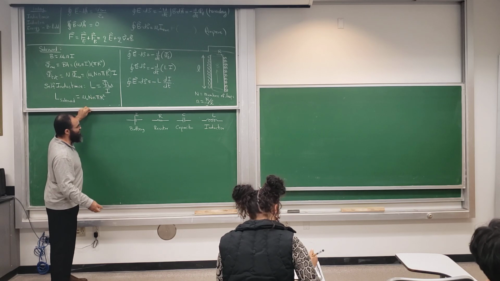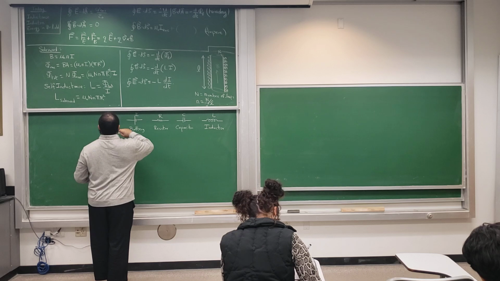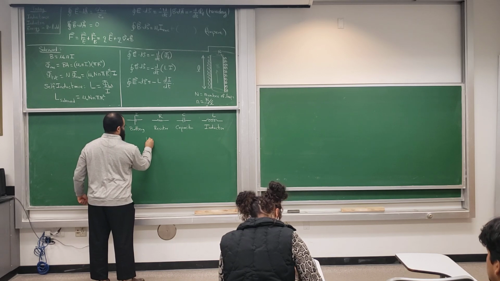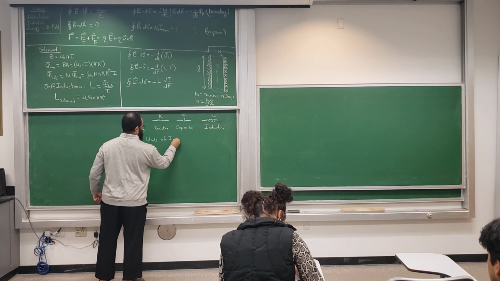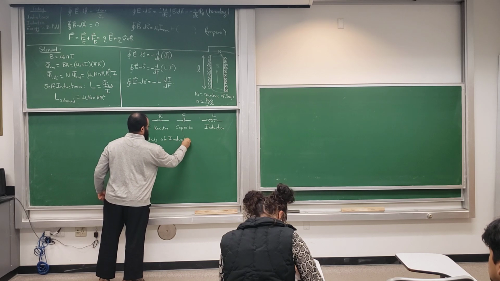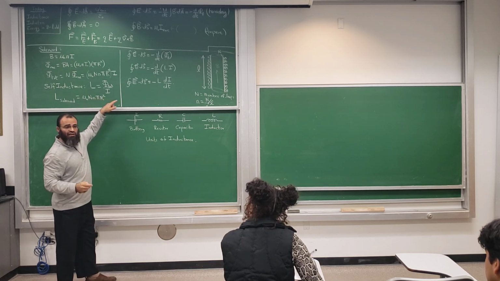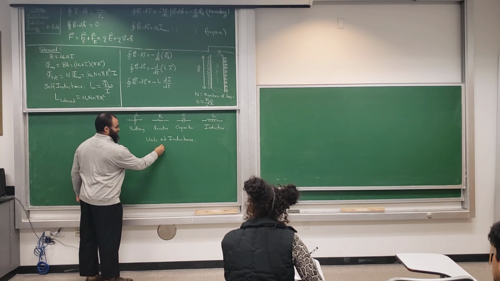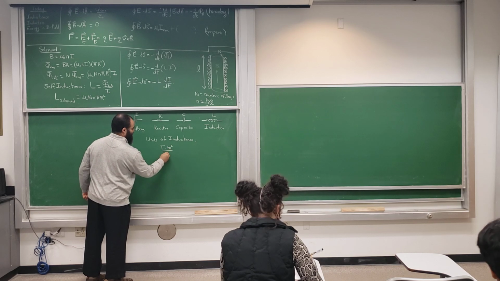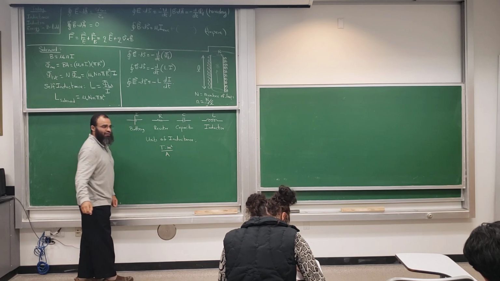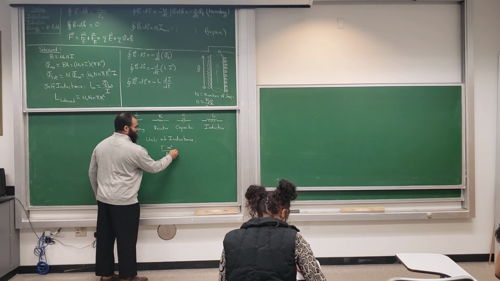Let me write down the units for L. The units are going to be flux per current. Flux is magnetic field times area, so Tesla meters squared per current. Current is amperes. Those are the units. Now, who remembers the units of flux?